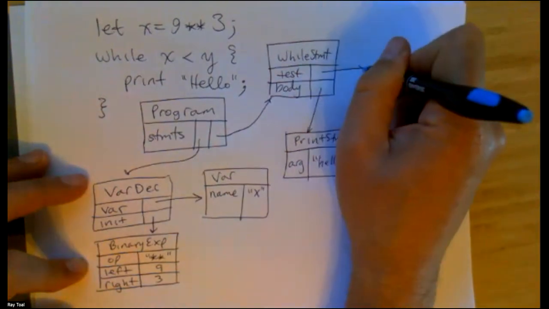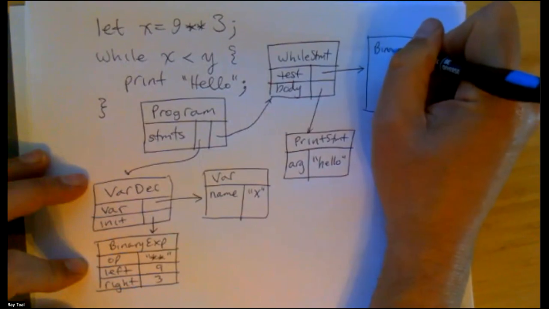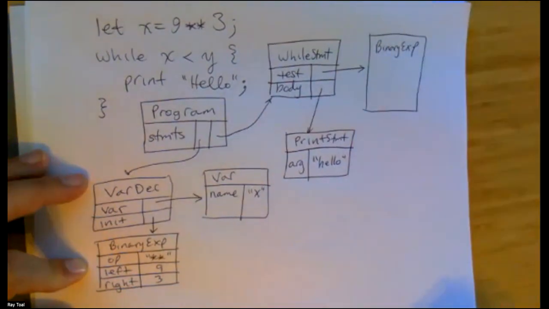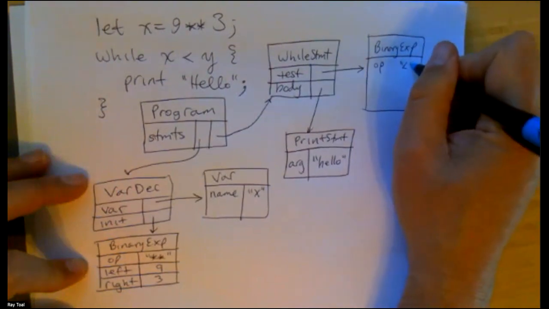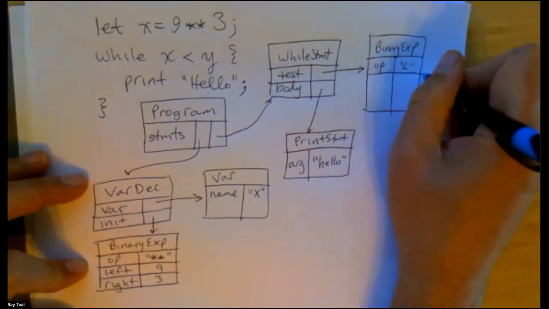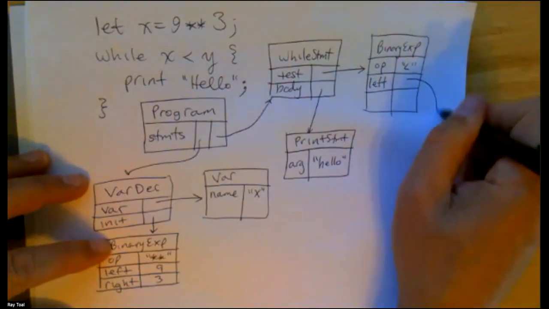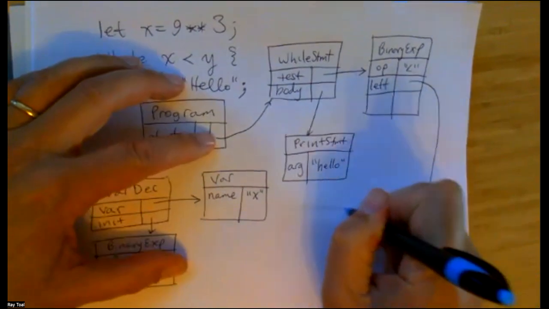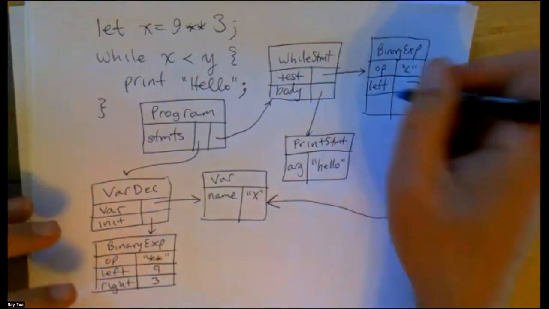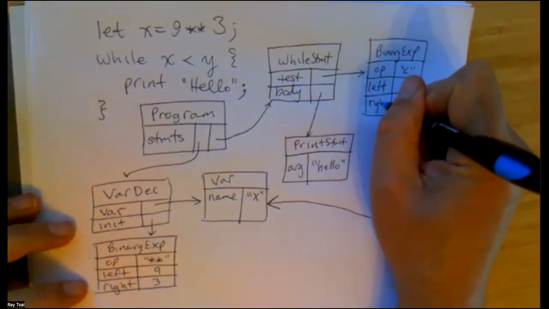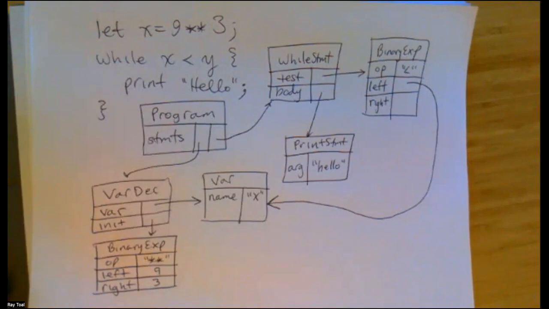The test we see is a binary expression whose operator looks like less than, whose left operand is the variable x, and whose right operand is the variable y, which is actually not declared.